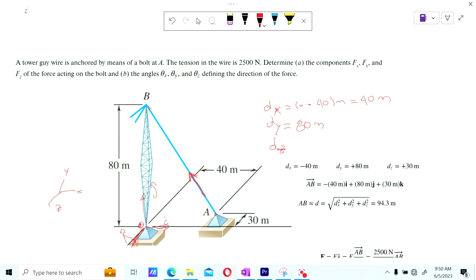The distance in z, remember z is positive in this direction, so it's going to be 0 minus 30, which is equal to negative 30 meters. So x is negative 40, y is positive 80, and z is negative 30. Okay, we're good.